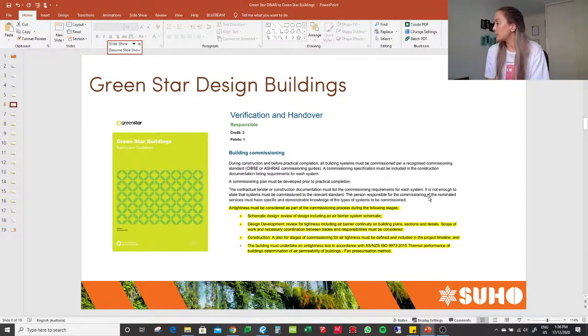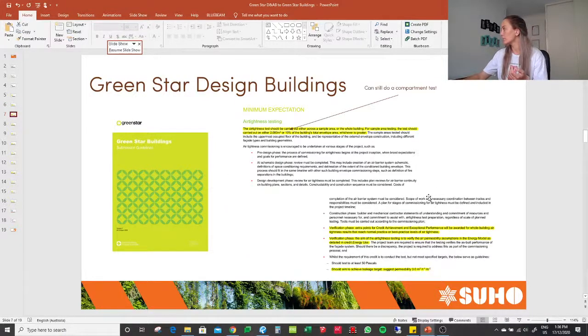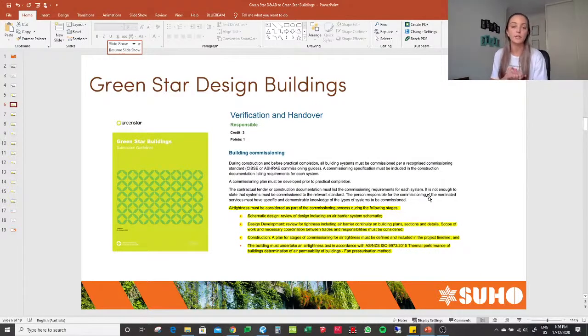So this little paragraph says that air tightness must be considered throughout the whole project: through schematic design phase, design development, construction and verification. So it takes the process from a verification process only to a commissioning process.